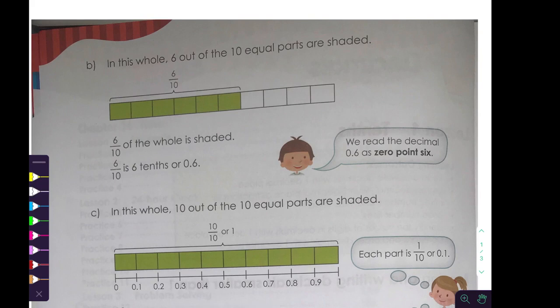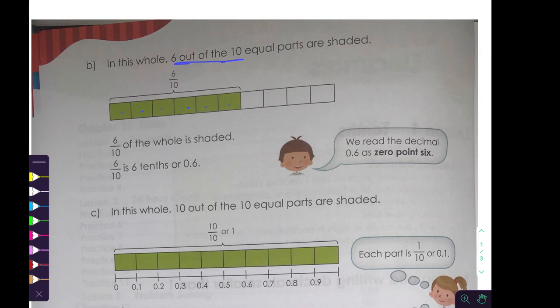Another example, part B. In this whole, 6 out of 10 equal parts are shaded. Let's count. 1, 2, 3, 4, 5, 6. Yes, 6 out of 10 equal parts, which means we have a whole, we divide it in 10, then we shaded only 6 pieces. That's exactly what we see here.